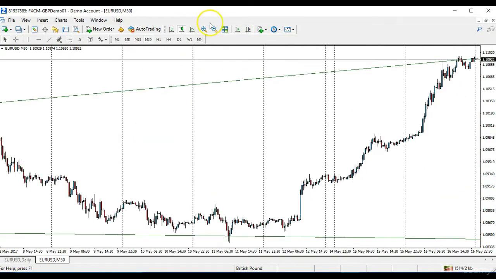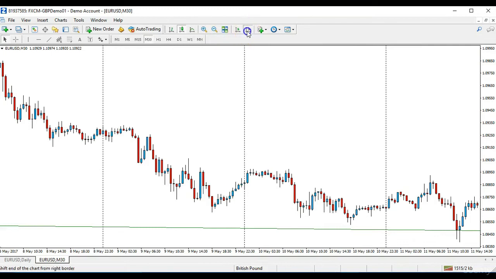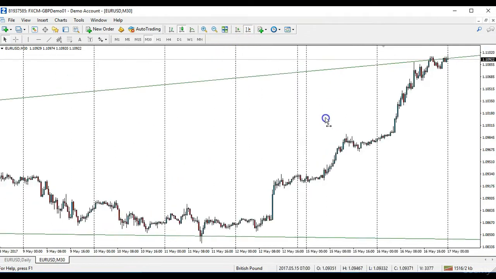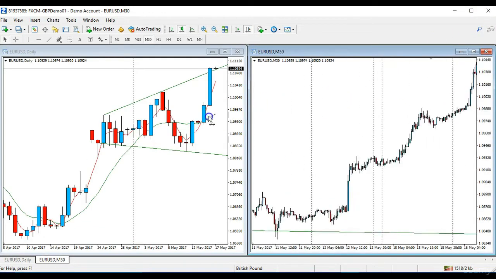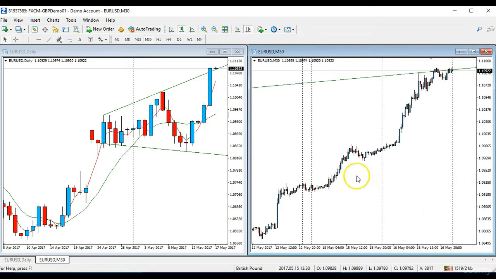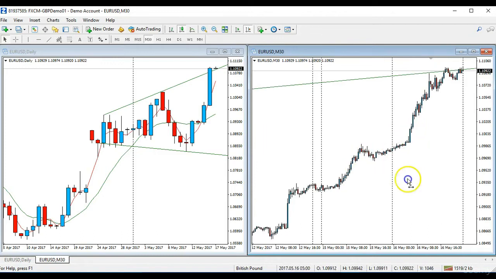If I go back down to the 30-minute chart, we would be looking for opportunities to get into this move.